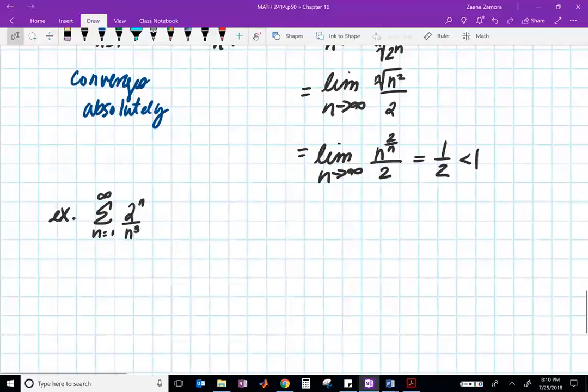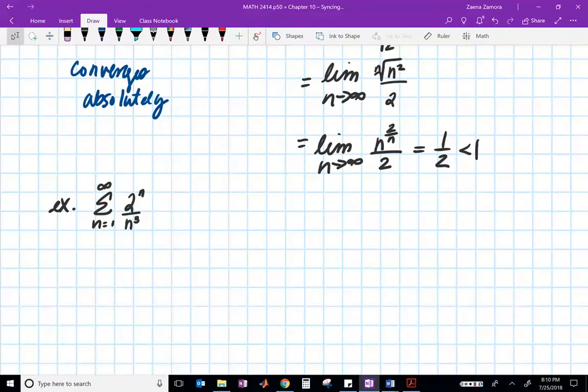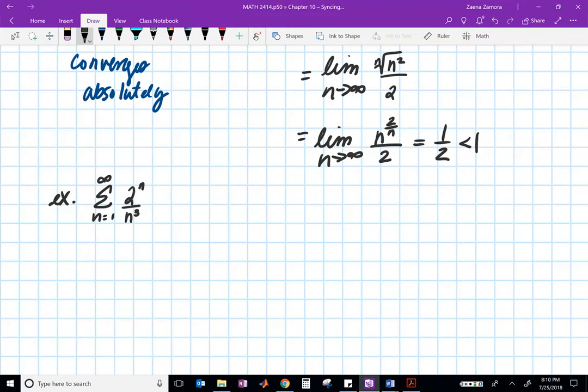Well, the limit's going to be different, but it's very similar, right? So we're going to take, and again, this one's always positive for n greater than or equal to 1. So it's going to be the limit as n goes to infinity of the nth root of 2 to the n divided by n cubed.